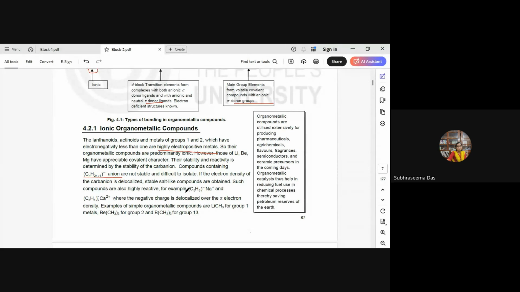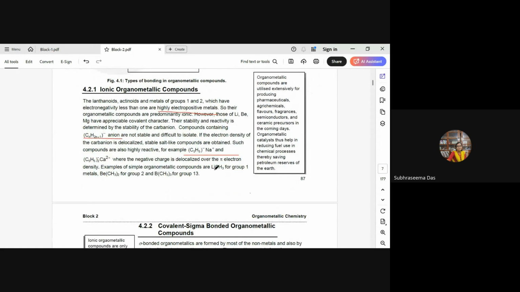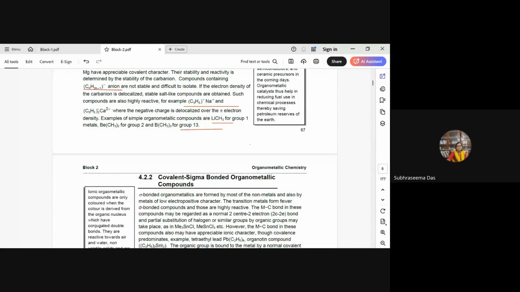Suppose we have C5H5 minus Na plus, and (C5H5)2 Ca, then the negative charge is delocalized over the pi electrons. Examples of some simple organometallic compounds are methyl lithium, CH3Li, for group 1, dimethyl beryllium for group 2 and trimethyl boron for group 13. These are some of the common examples of organometallic compounds.